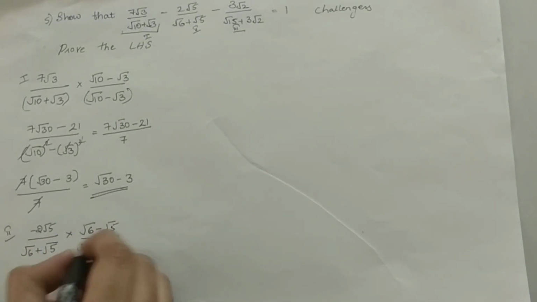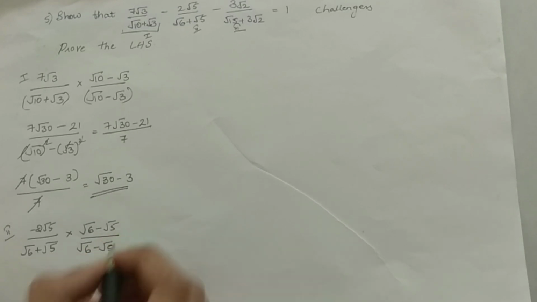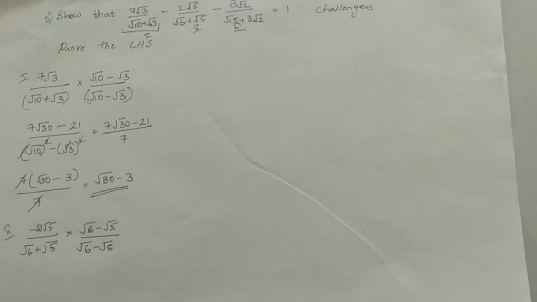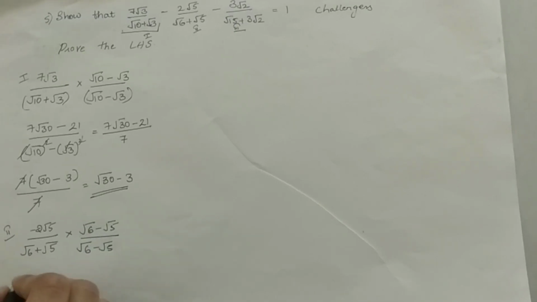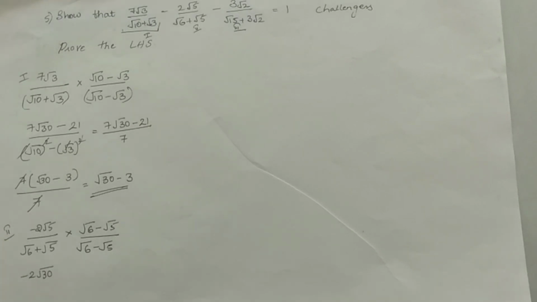So that is what we are going to do, multiply as well as divide. Next, minus 2 root 5 multiplied by root 6 is nothing but minus 2 root 30. Now, minus 2 root 5 multiplied by minus root 5: root 5 into root 5 is 5, so 2 into 5 is 10.